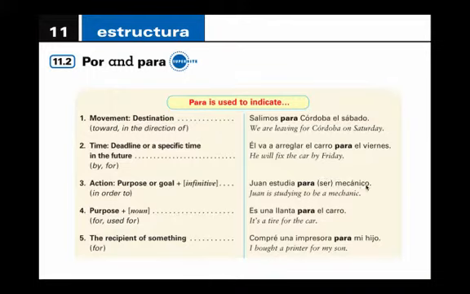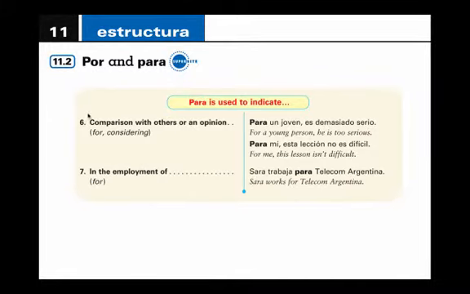To be a mechanic. Number 4 is purpose plus a noun. Number 5, the recipient of something. And number 6, comparison with others or an opinion. And finally, number 7, in the employment of, or for.